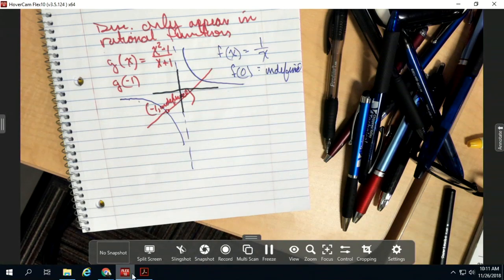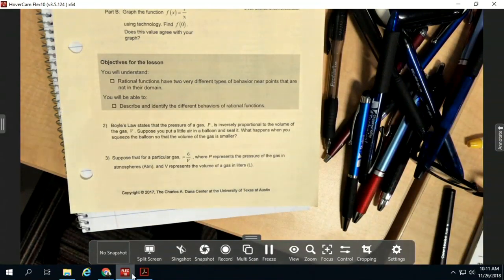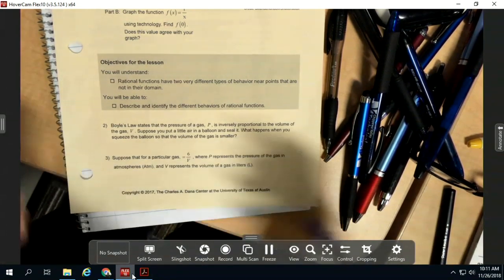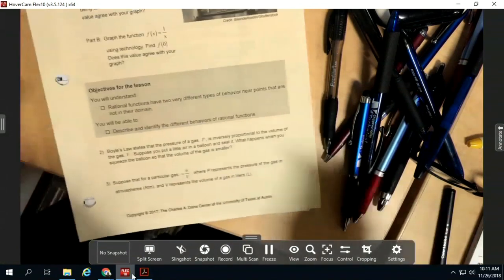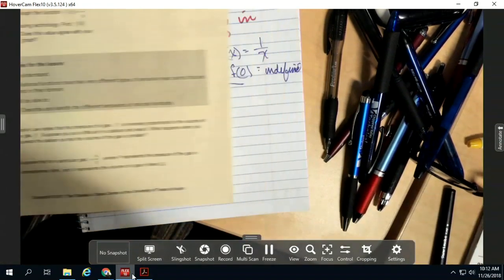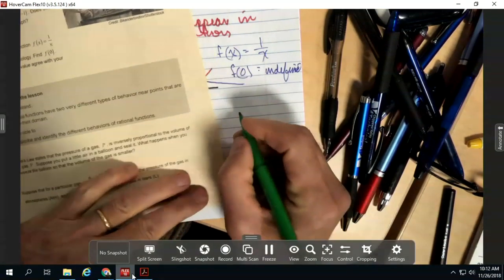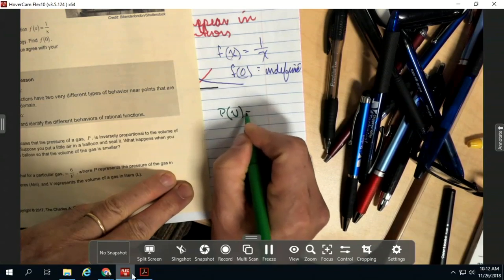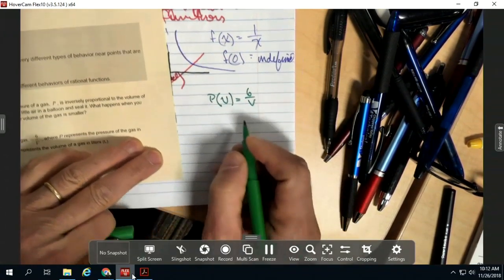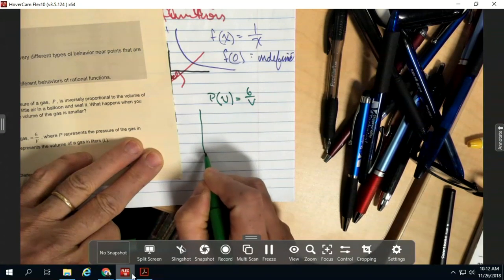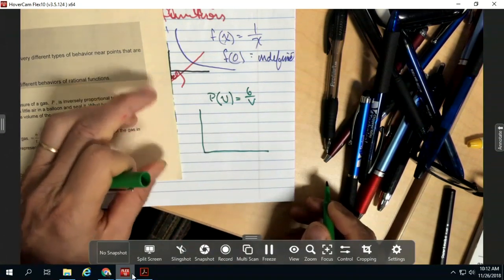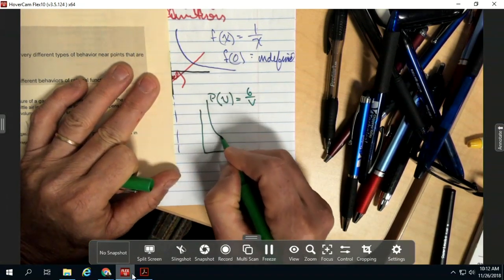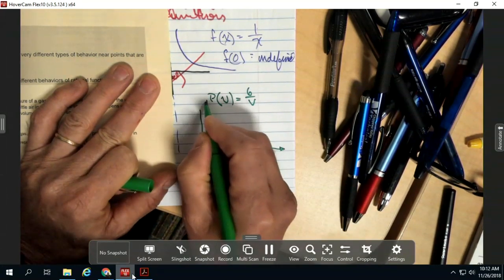Boyle's law states that the pressure of a gas is inversely proportional to the volume of a gas. So let's do the graph: P as a function of V is 6 over V. Now, volume is never going to be less than 0, so all we're going to do is have a graph that looks like this.